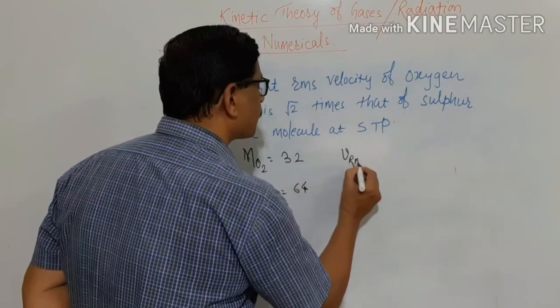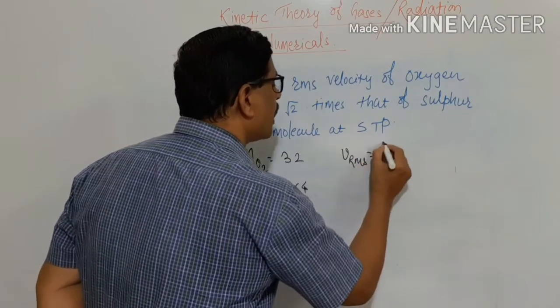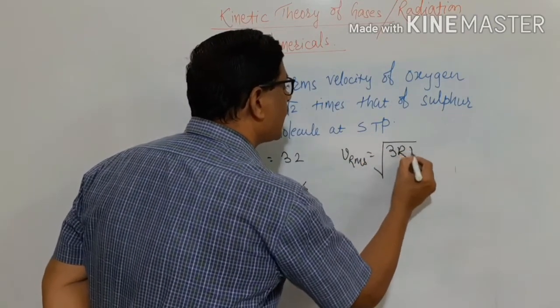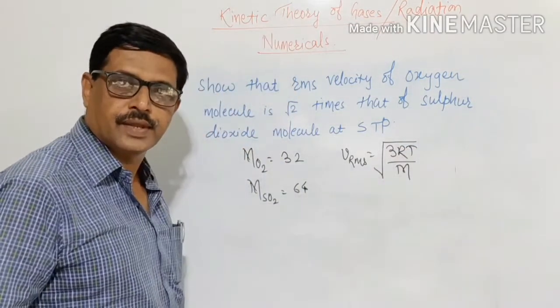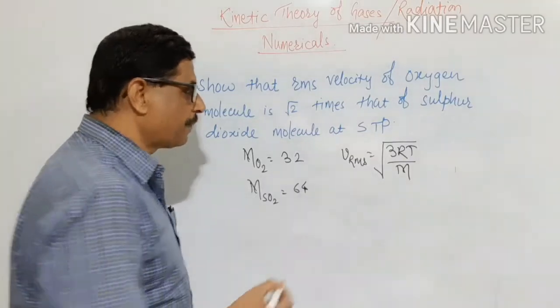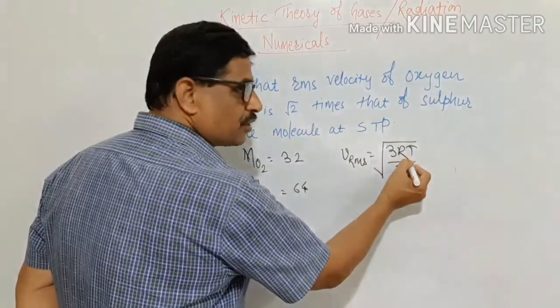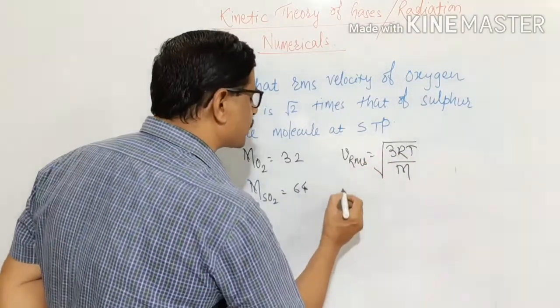Vrms is equal to under root of 3RT divided by capital M. This is the formula. Both are at the same temperature. R is universal gas constant, 3 is constant.